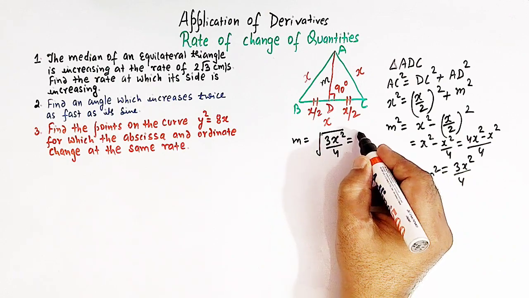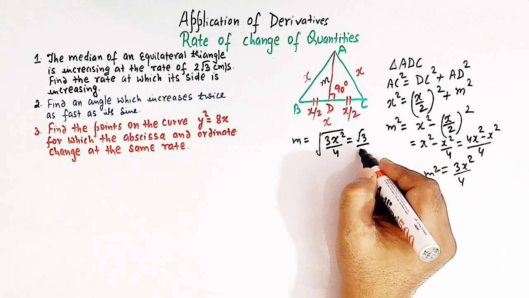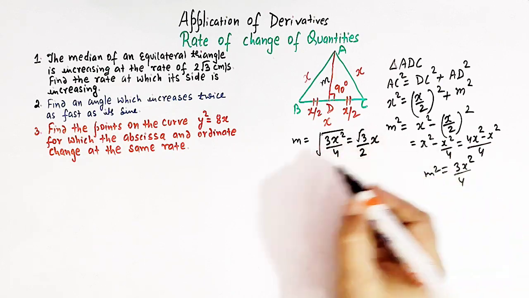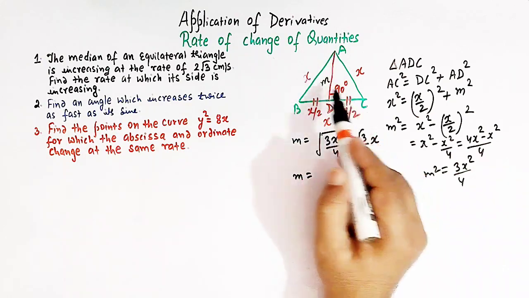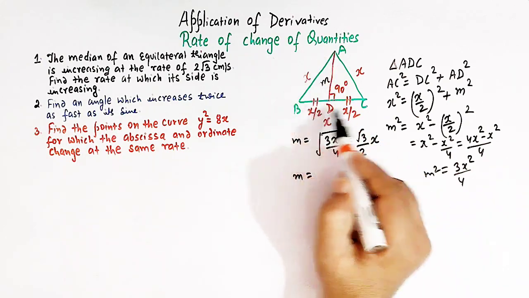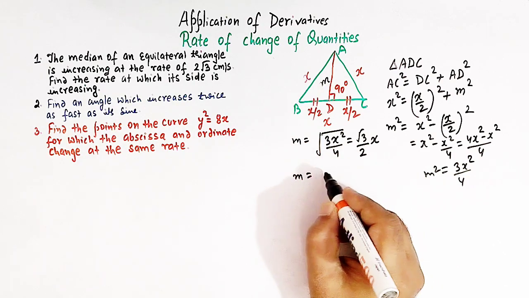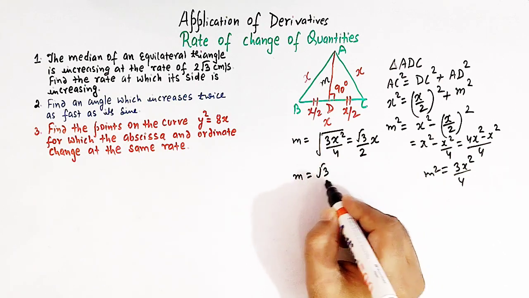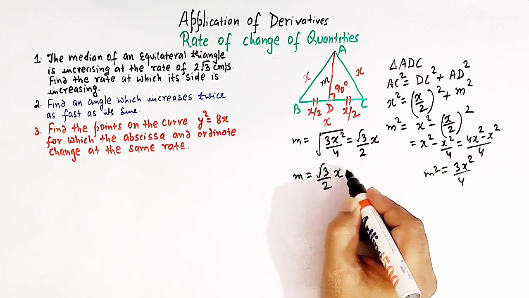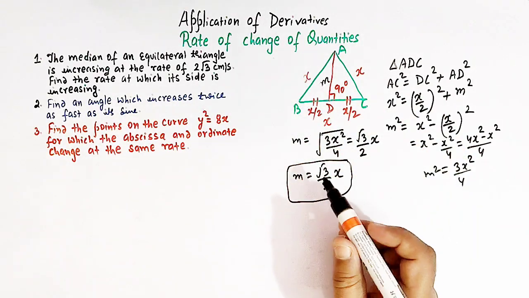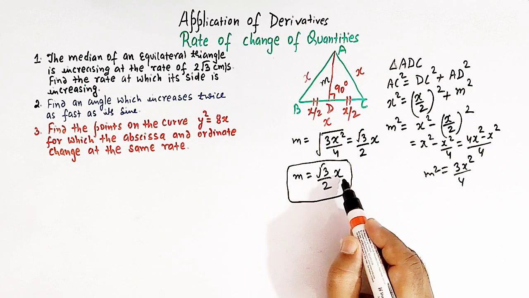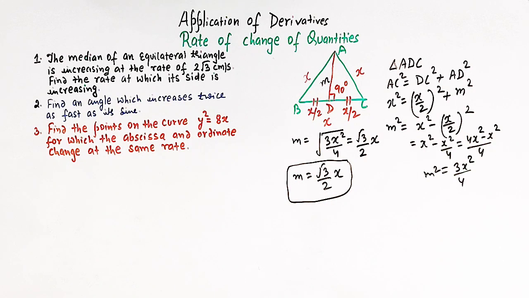So we have now root 3 over 2 x, right? So the length of the median of an equilateral triangle whose each side is x is given by root 3 over 2 times x, right? So here we have derived the length of the median in terms of the length of the side, right?